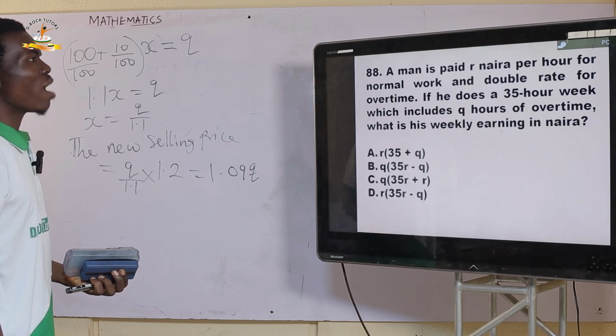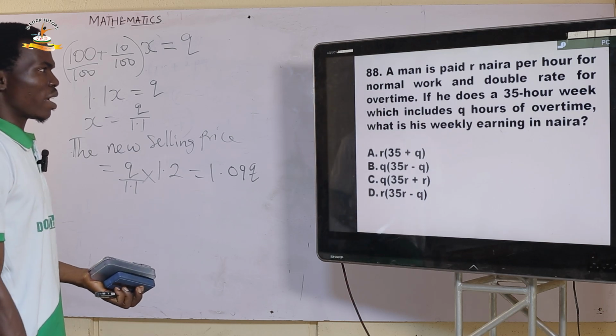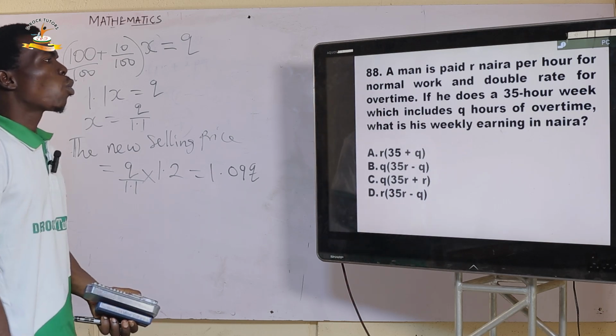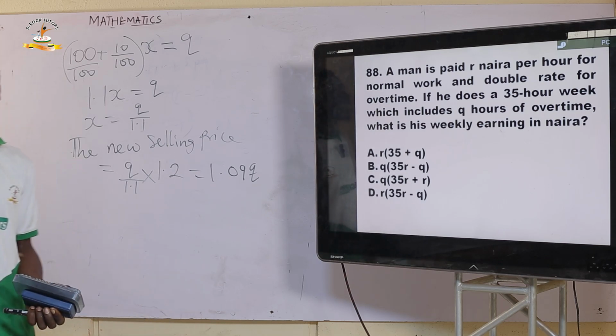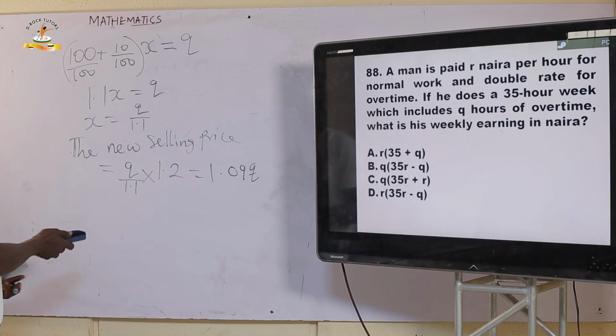A man is paid R9 per hour for normal work and double rate for overtime. If he does a 35-hour week, which includes Q hours of overtime, what is his weekly earnings in Naira? So let's quickly do justice to this again.